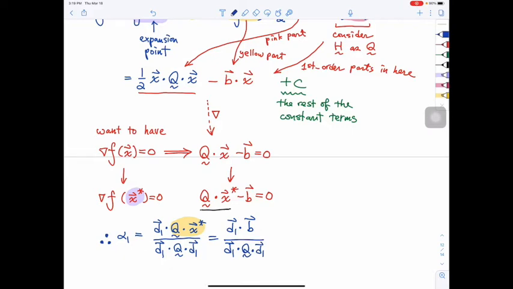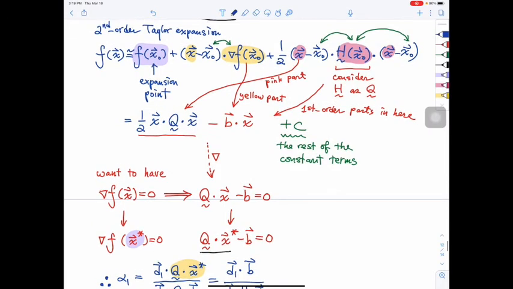Okay? And actually, I should not say q. This is h at the end. Because we already say we are choosing Hessian as our q. Okay? So it seems like we kind of get rid of x star in this equation because we don't know where x star is. But we should be able to know where is b. So maybe we can go back and see what is b.